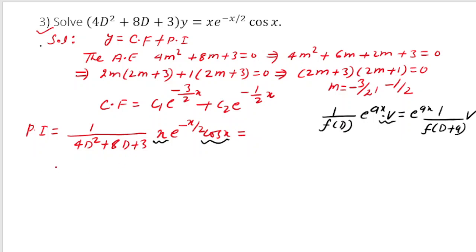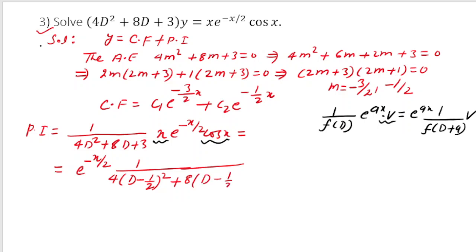So I will be continuing here. Let me write e to the power minus x by 2 out, and in place of D replace D minus 1 by 2: 4 (D minus 1 by 2) whole square plus 8 (D minus 1 by 2) plus 3, and it should be operated on x cos x.